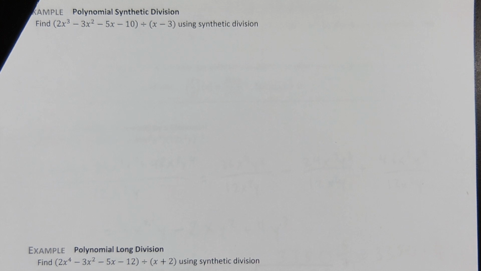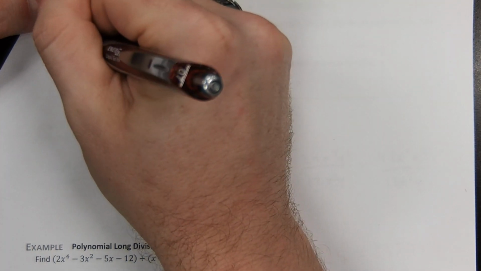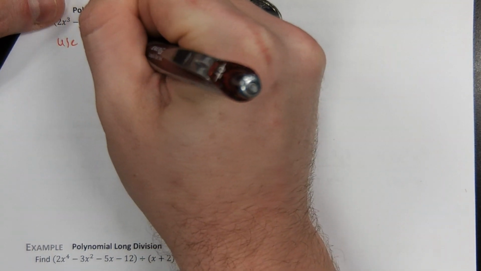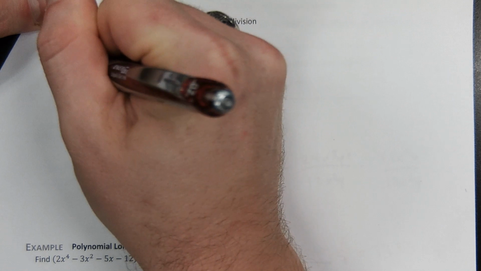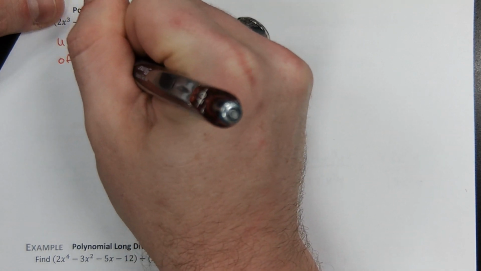One other thing that's different about synthetic division than long division. I've already told you we're not going to use the x's, we're only going to use their coefficients. The major difference is I'm going to use the zero of the divisor.